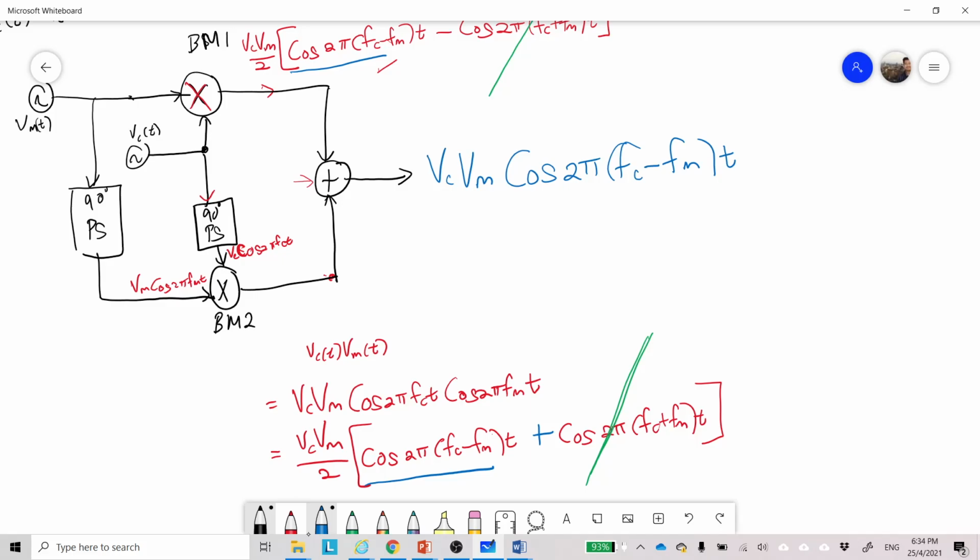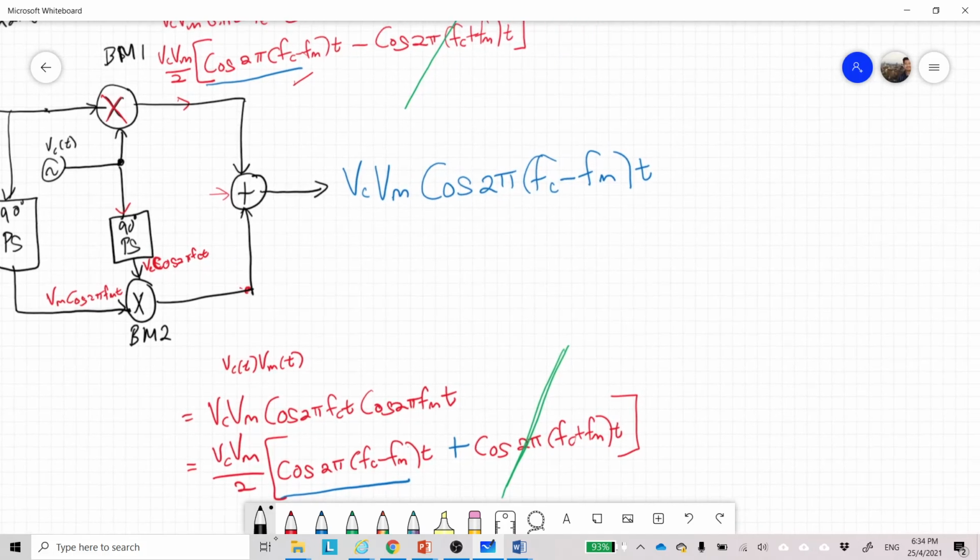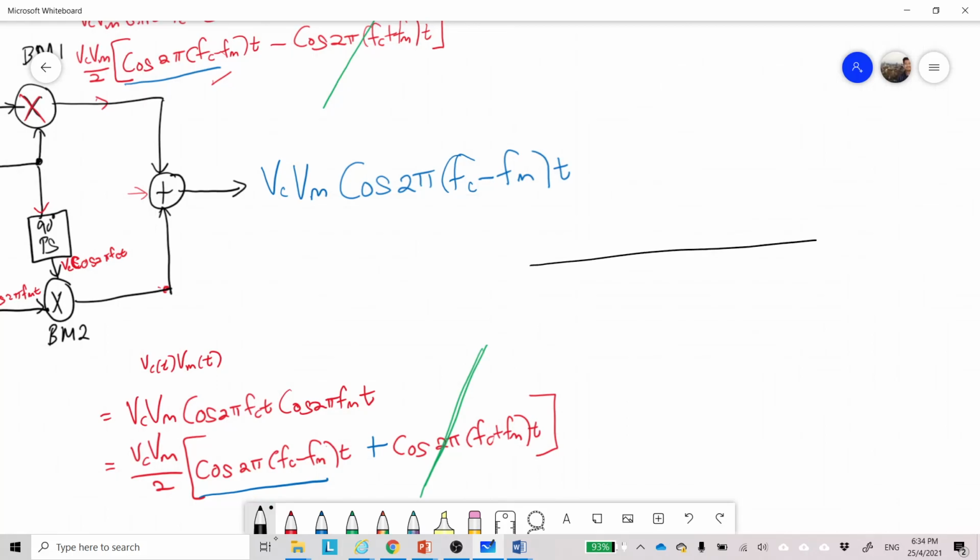Okay, so if we draw the frequency spectrum for this one, for example, here is the FC over here. So this is FC minus FM over here. FC plus FM is here, but there's no upper sideband.